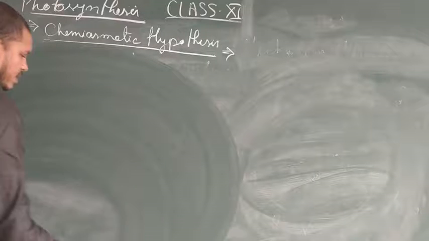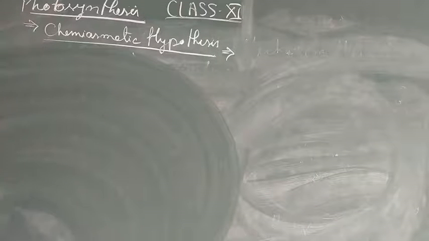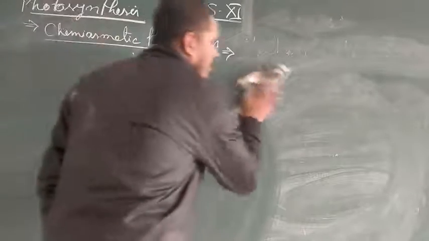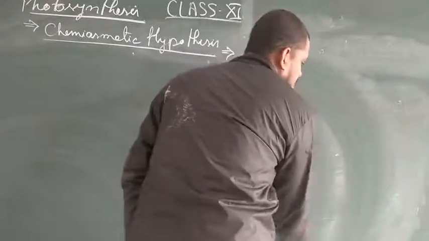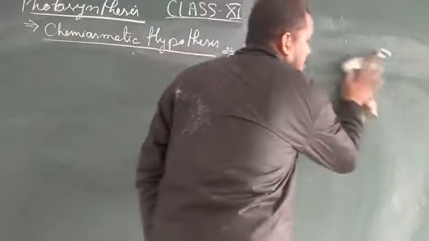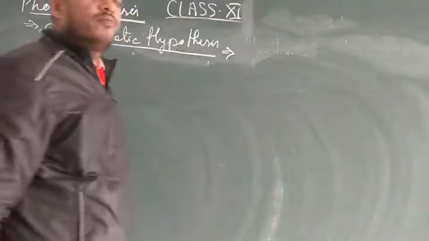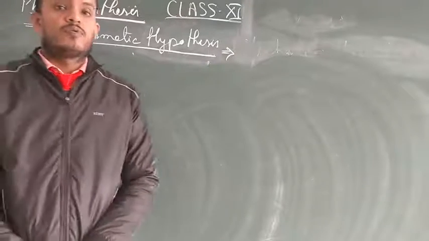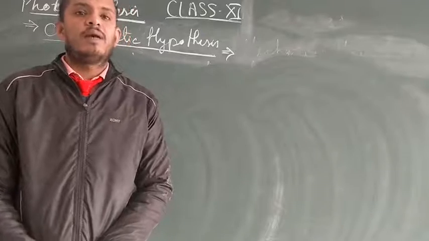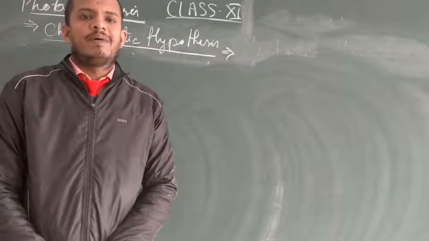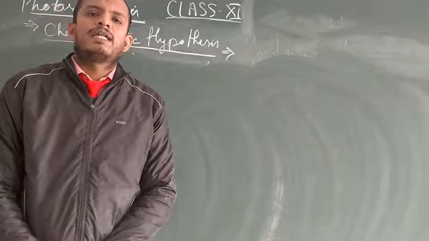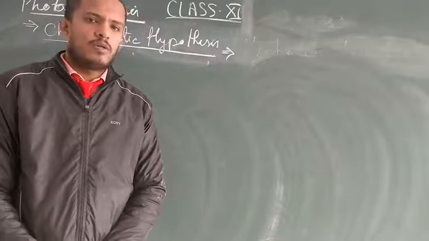The proton gradient also needs electrons, and a continuous supply of electrons is necessary. We all know what provides it. In non-cyclic photophosphorylation, or the Z scheme, I told you that photosystem 2, which is in the membrane of the stroma lamella, actively participates in the splitting of water.